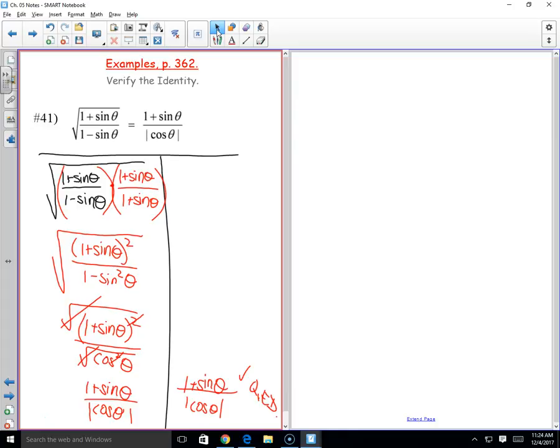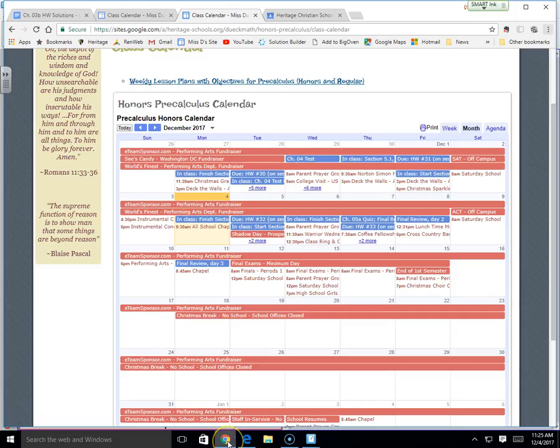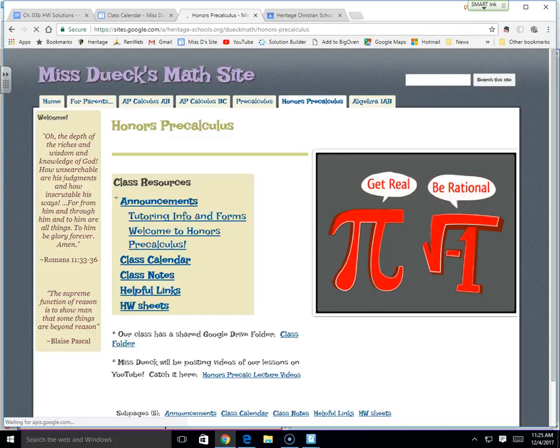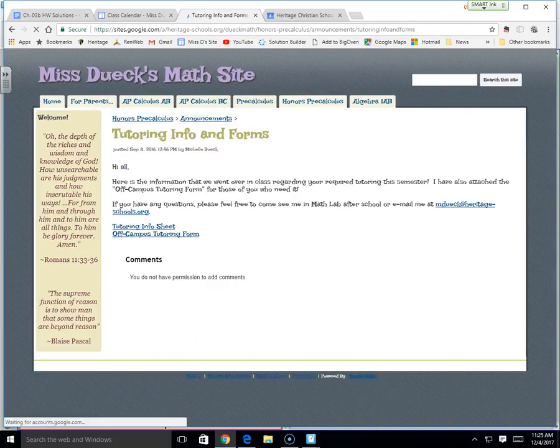Colby, go. Where's the printout for the off-campus tutoring? Oh, you go on the website, you go to the homepage for honors, then right here where it says tutoring, there's a link. Right there, off-campus tutoring form. Have your picture ready, fill it all out and show me and I'll sign off, you'll staple it and it'll count for the hours that it shows.